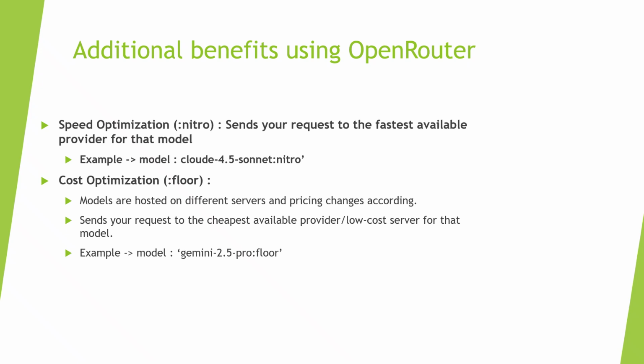There are certain business requirements where you don't have to go through the high-paying route, and you can use low-cost servers, like for your background jobs which might run at night. You can specify :floor in that case. It will identify the cheapest available server for that, which might satisfy your need.